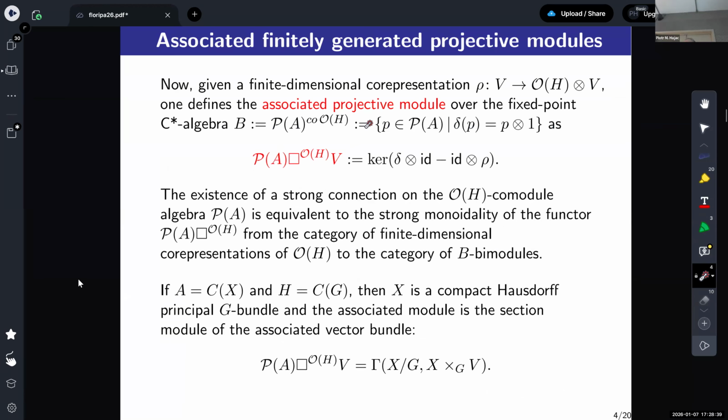The idea actually behind this Peter-Weyl functor is very beautiful. Imagine that you have your total space of the bundle, and you are taking functions which are polynomial along the fibers, but continuous along the base. Okay? And in the classical setting, there is a very beautiful way to realize it. You can just construct the associated vector bundle where your vector space is the Hopf algebra of your group.